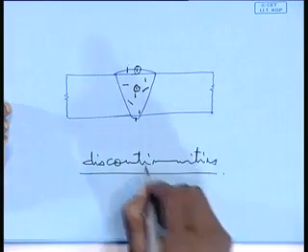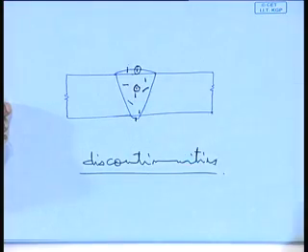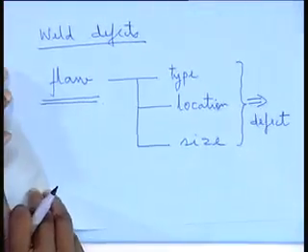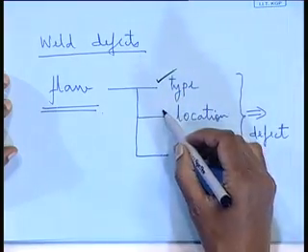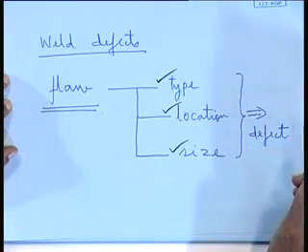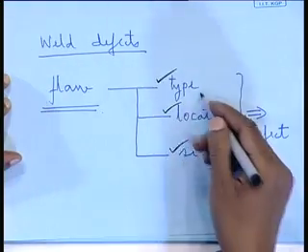Wherever it has caused discontinuities, those are flaws. Now, that flaw will become a defect depending on the type of the flaw, its location and its size.